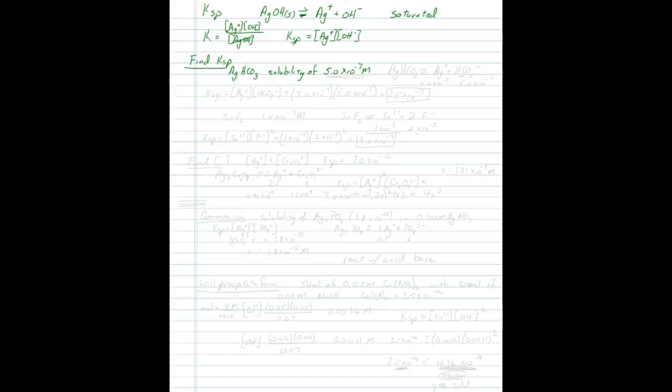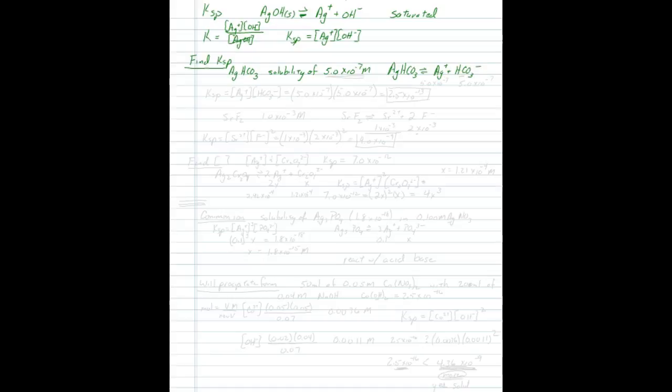That's given to you, that's the problem. Well, you gotta write an equilibrium expression. AgHCO3 ionizes to form Ag plus and HCO3 minus.